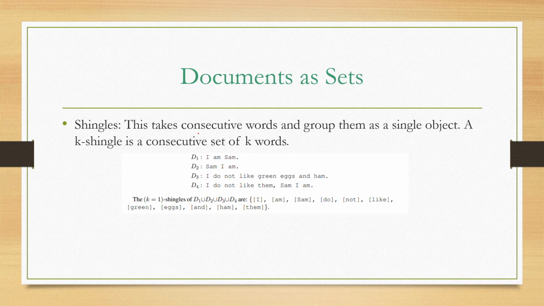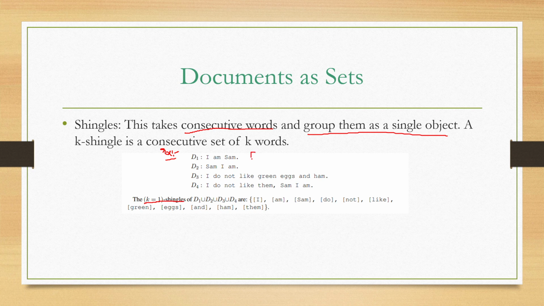Since it is about documents, we will take consecutive words and group them as a single element. Let us consider these four documents as an example. We are trying to find the k equals 1 shingle. If it is 1, we are not actually grouping any item, we are considering them as single items.